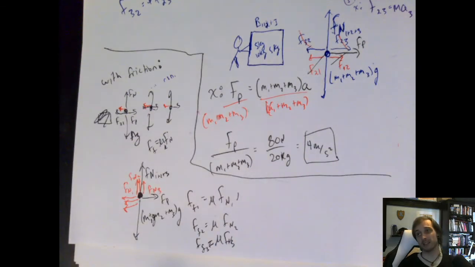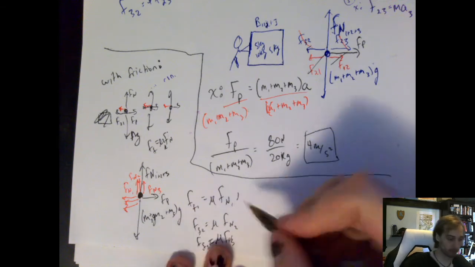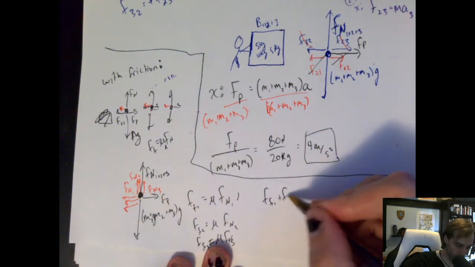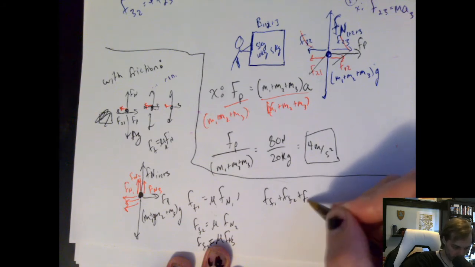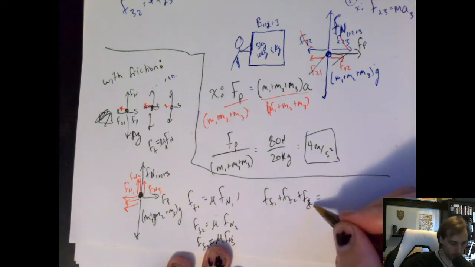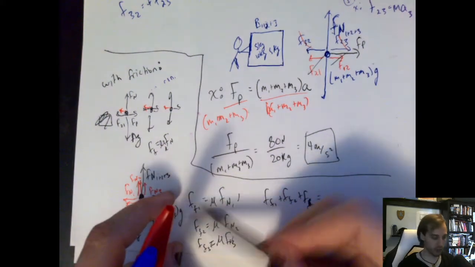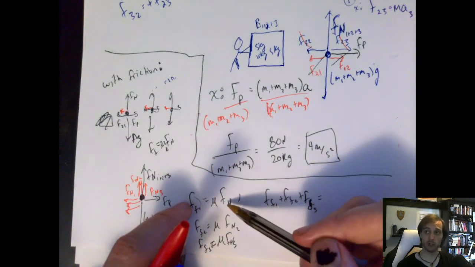What's neat about this is if I take these three equations and add them together, we'll have the force of friction 1 plus force of friction 2 plus force of friction 3. And the reason I can do this is because the left half of an equation is always the same as the right half of an equation.